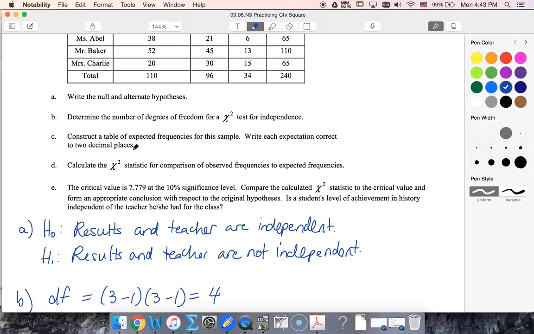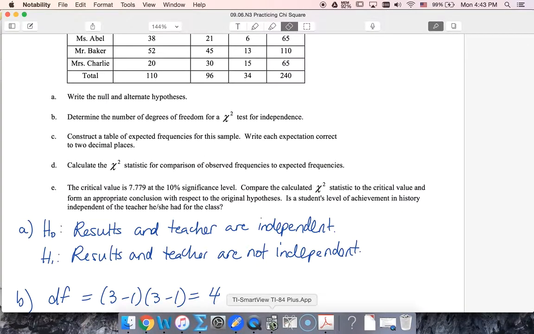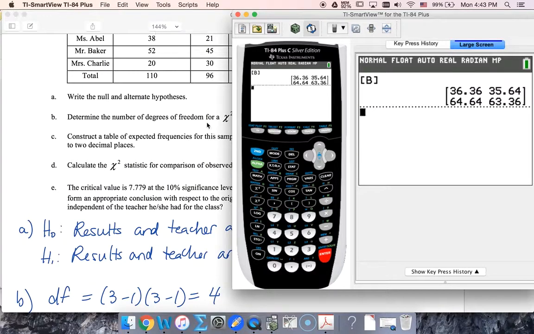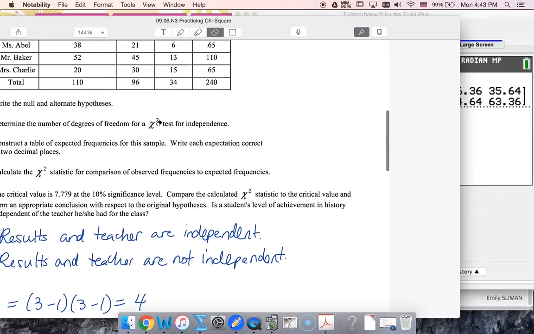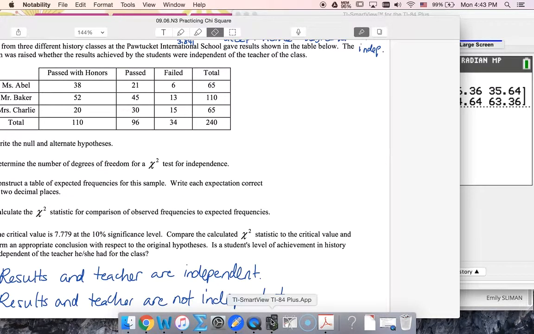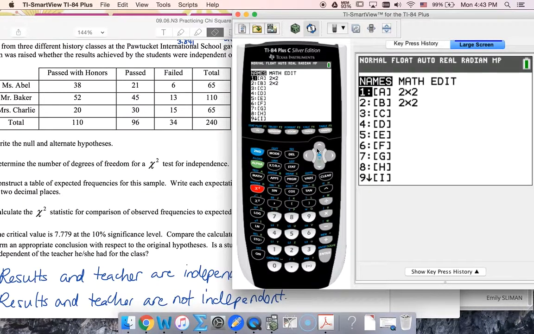So now, my table of expected frequencies, so I can calculate that by hand using the probabilities, but again, my calculator is going to figure it out for me if I type in all my values. So let's pull in all our values here and then add those to our calculator. So I'm going to go into matrix, and now I'm going to make a 3 by 3 matrix.